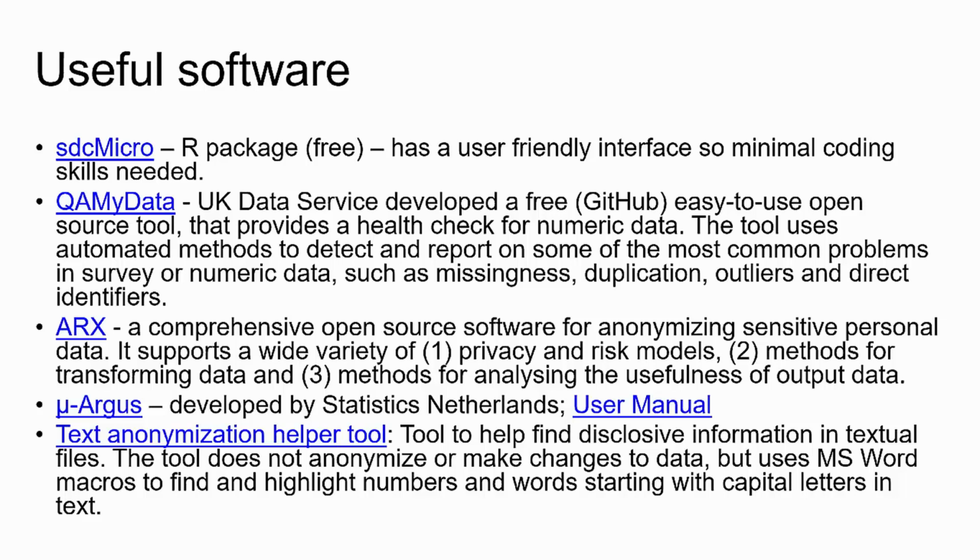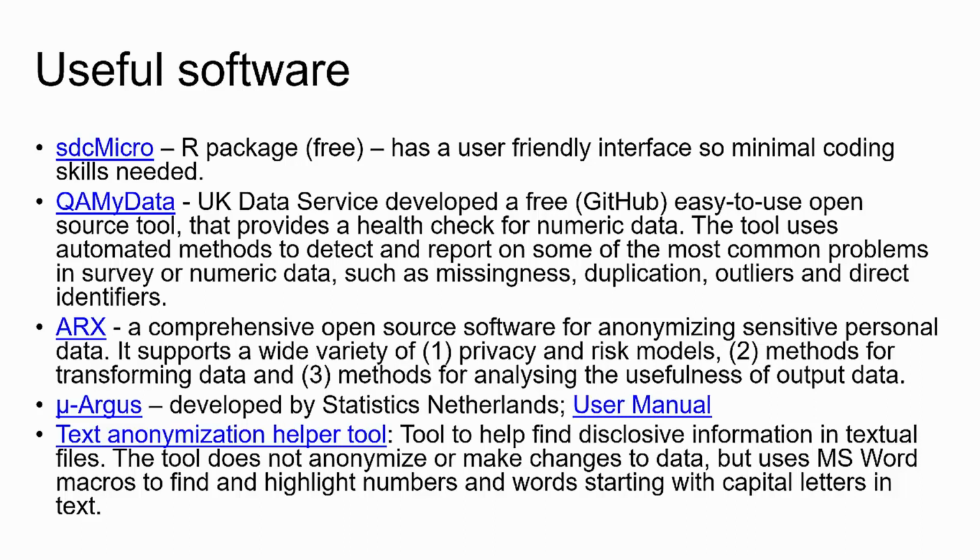I included the manual there if you click on sdcMicro. And then we have QMI Data, a free, easy to use, open source tool that we developed at UKDS. It's available on GitHub along with a manual and some exercises. It uses automated methods to detect and report on some of the most common problems in survey and numeric data, such as missingness, duplication, outliers, and direct identifiers.